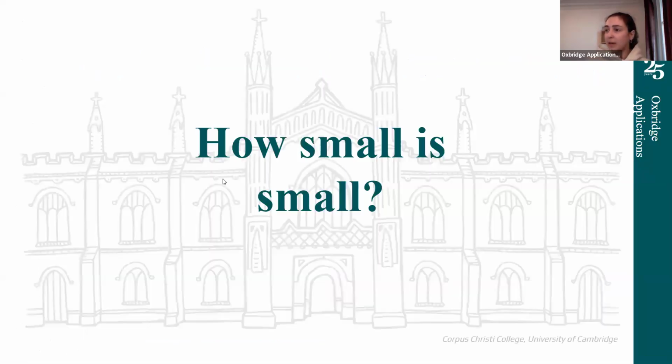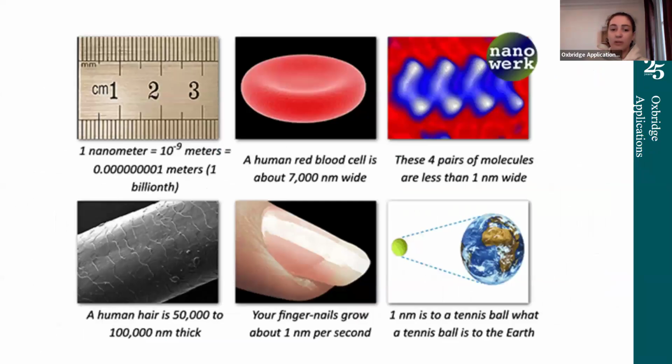So what do we mean by small and nanoscales? Dimensions between approximately 1 and 100 nanometers are known as the nanoscale. To help you visualize the nanoscale, here are a few images that can perhaps help you understand just how tiny it is. It's often hard to grasp.